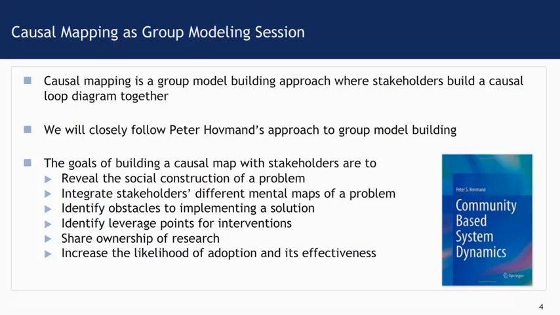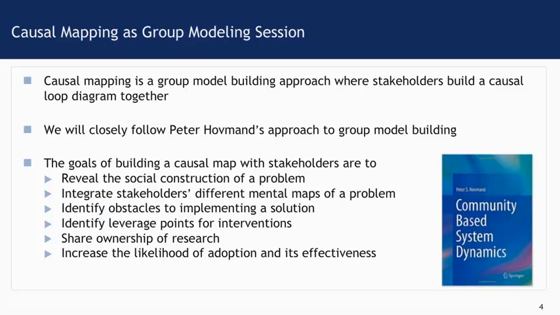But before we get into the detail of planning our session, let's review the goals of building a causal map with stakeholders. You probably remember from previous lectures that building a causal map with stakeholders allows us to reveal the social construction of a problem, integrate stakeholders' different mental maps of a problem into a single visual representation.